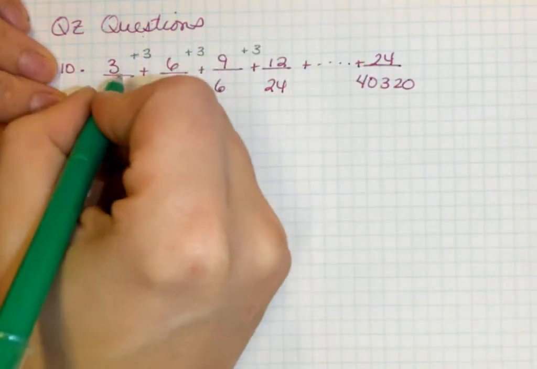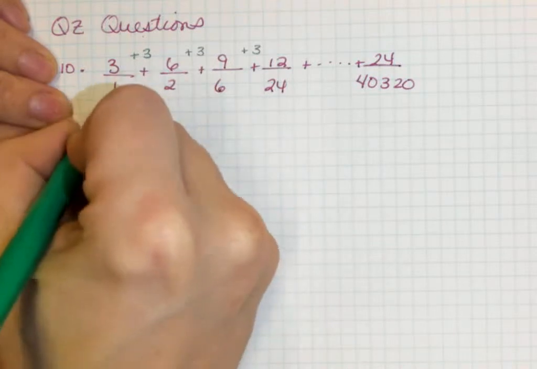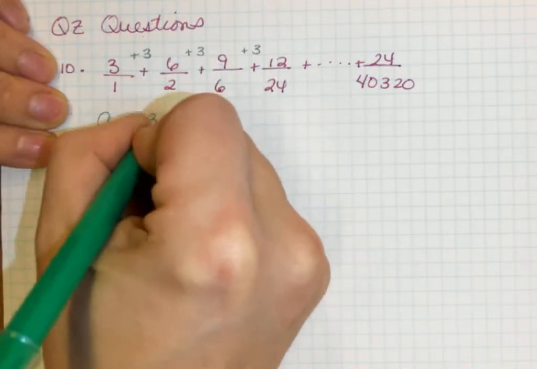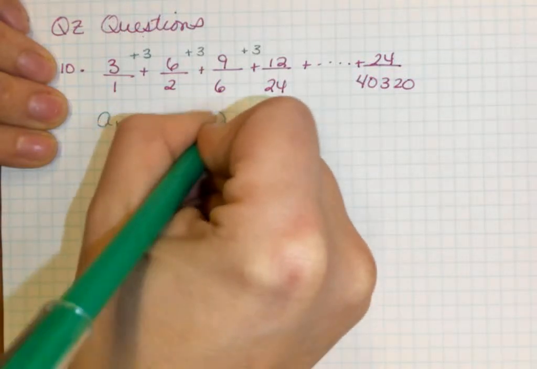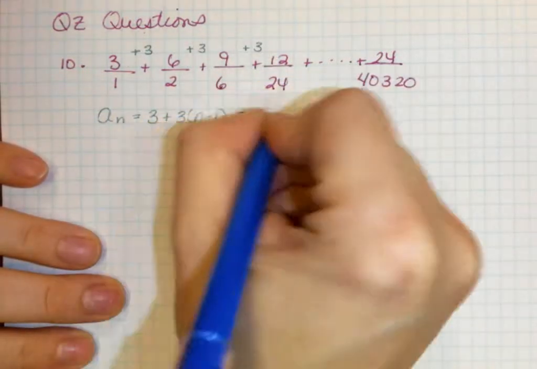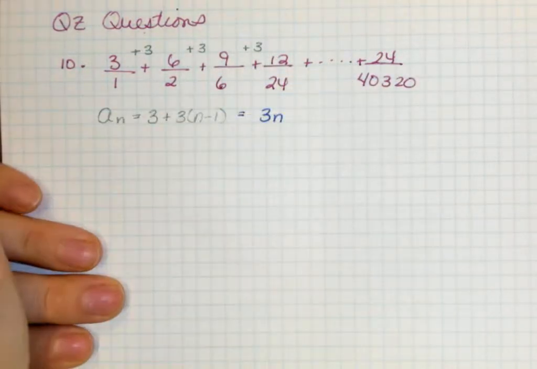So if I wanted to write a formula for just the top, I could say the nth term is the first term plus 3 times n minus 1. And if I were to simplify that, that would just be 3n. Okay?